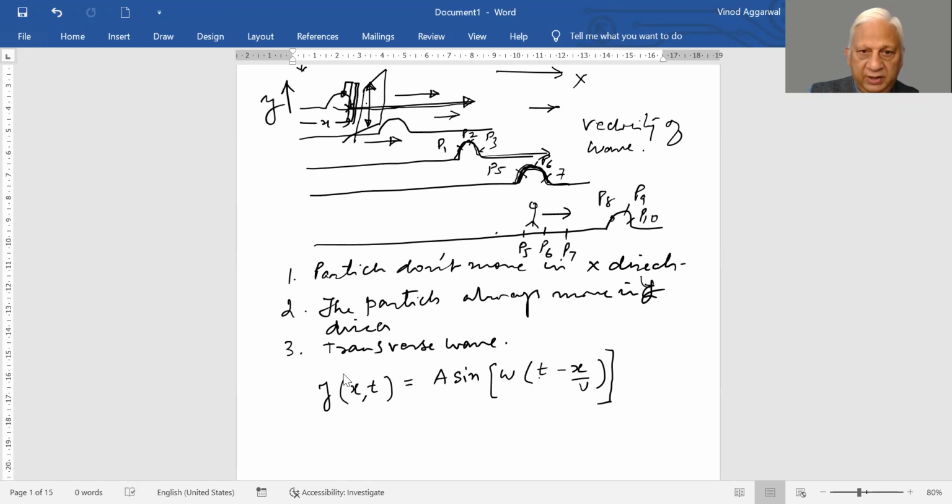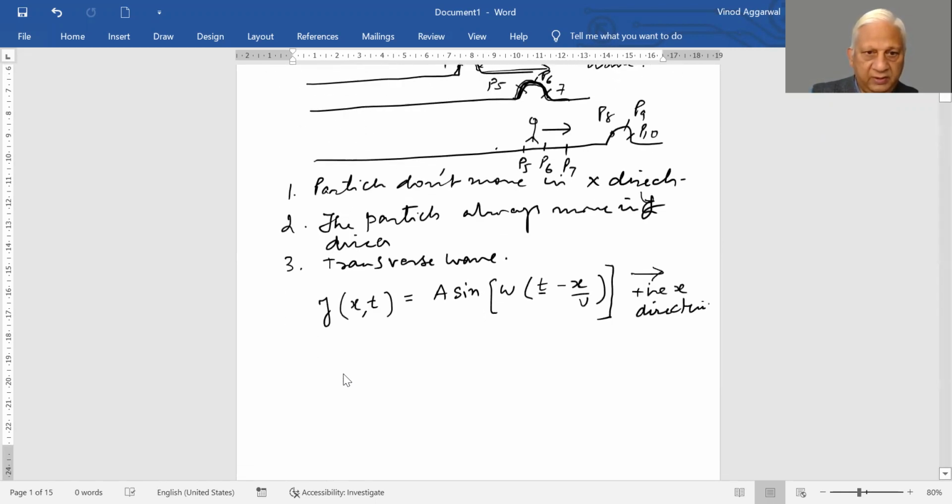When the signs of t and x are opposite to each other, this means the wave is moving in positive x direction. Right?